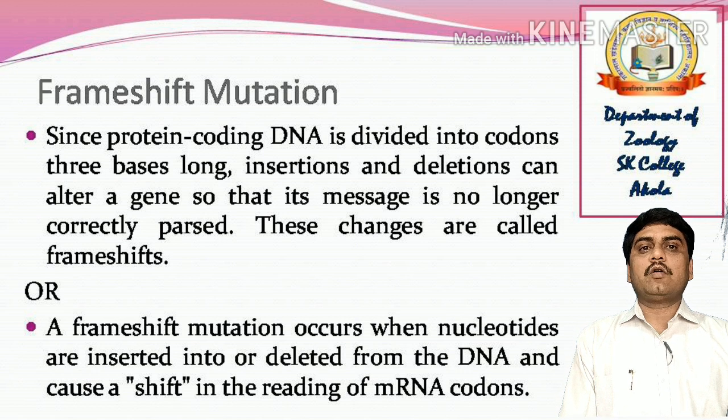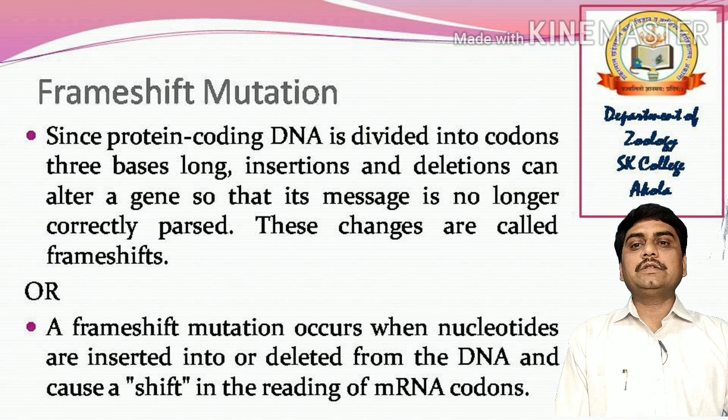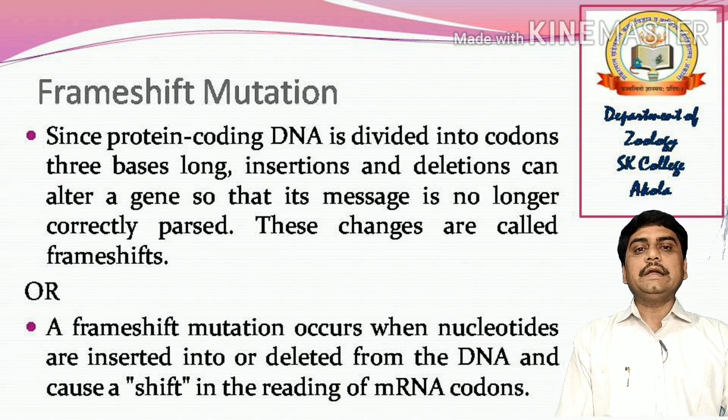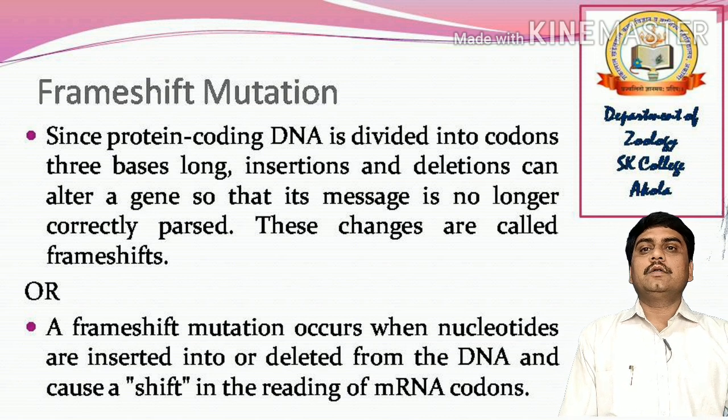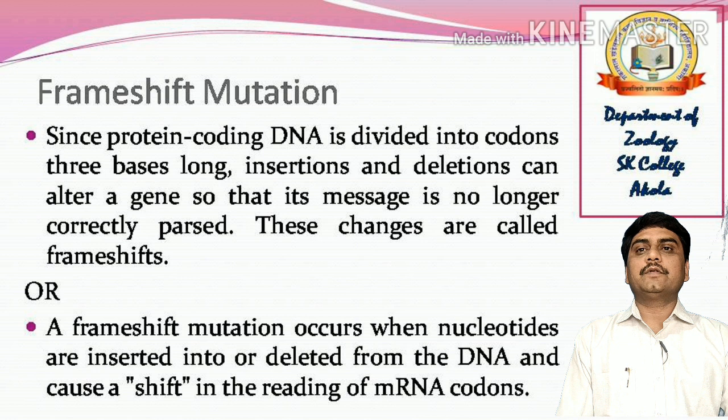These changes are called frame shifts. Or you may define frame shift mutation as a mutation that occurs when nucleotides are inserted into or deleted from a DNA and cause a shift in the reading of mRNA codes or mRNA codons.